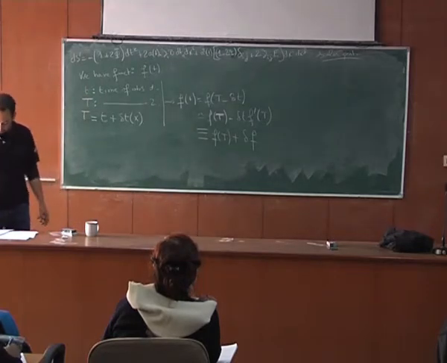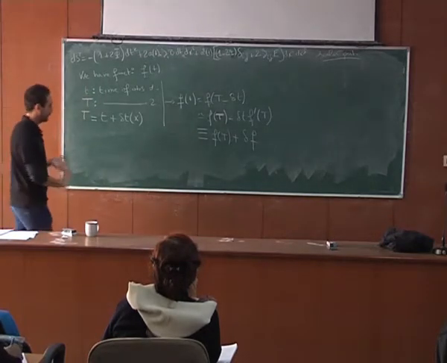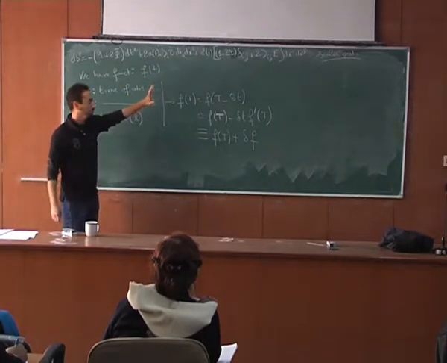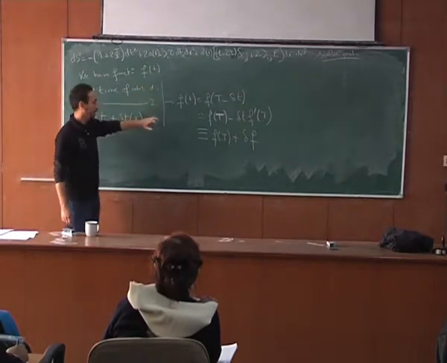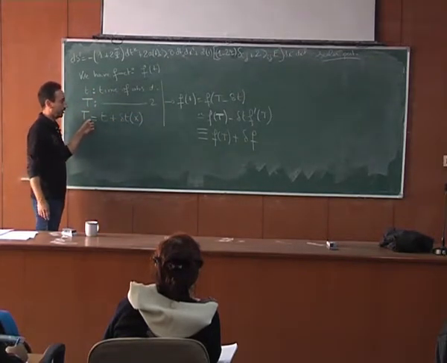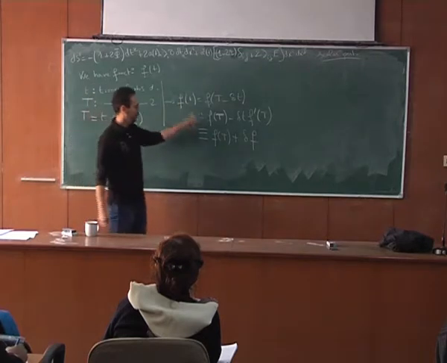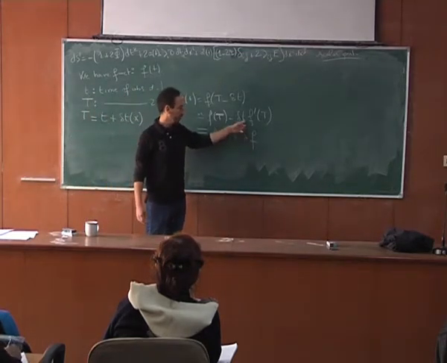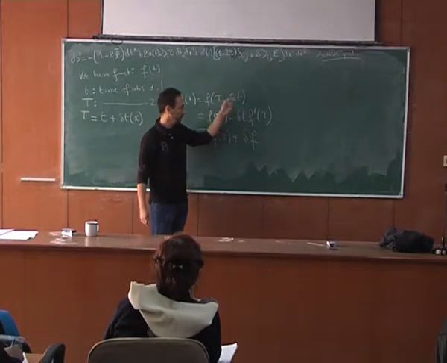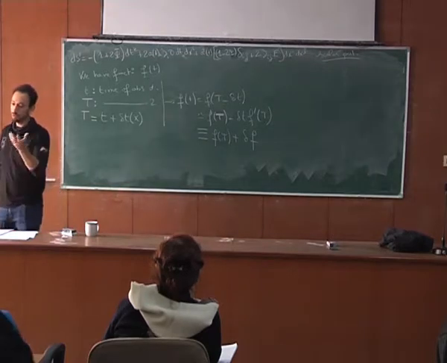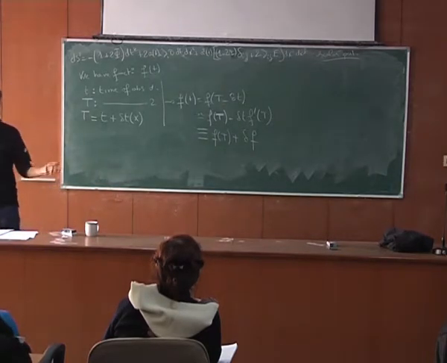What I'm trying to explain is that I had a function which depends only on time. I'm looking at another observer who has another time, and for the new observer it appears as if there is some perturbation which comes just from the transformation. So I can generate perturbations just by changing observer.